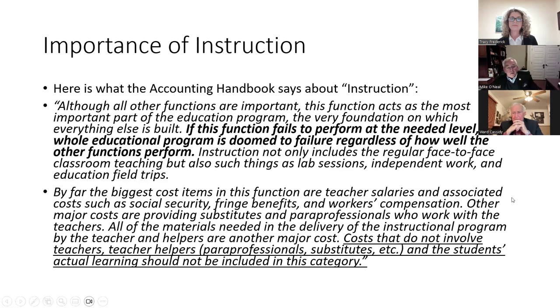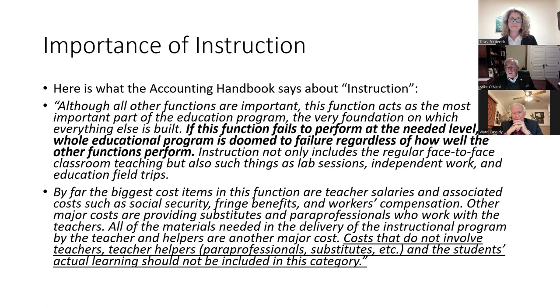By far, quoting again from the handbook, "by far the biggest cost items in this function are teacher salaries and associated costs such as Social Security, fringe benefits, all that. Other major costs are providing substitutes, paraprofessionals who work with teachers. All of the materials needed in the delivery of the instructional program by the teachers and helpers are another major cost."